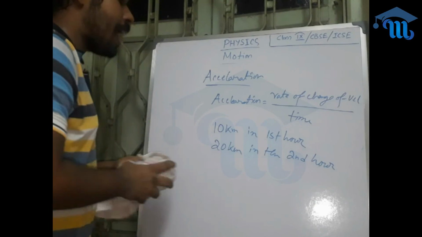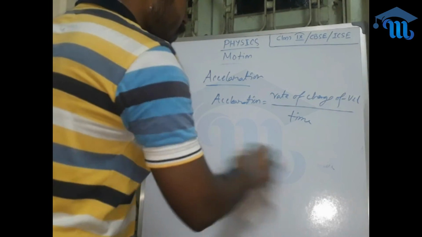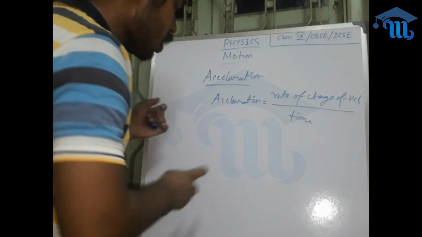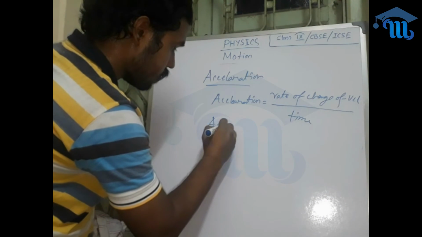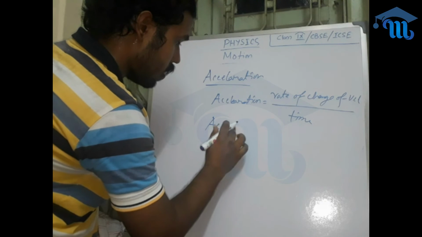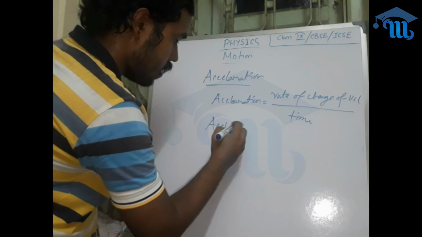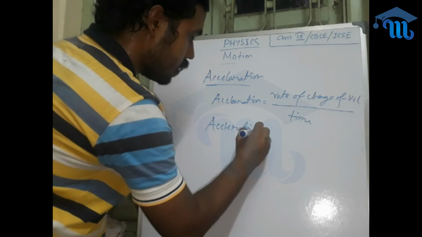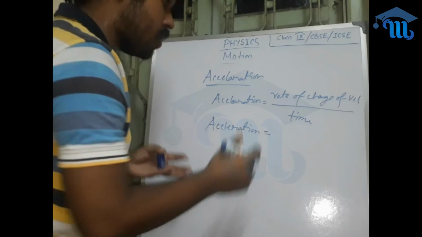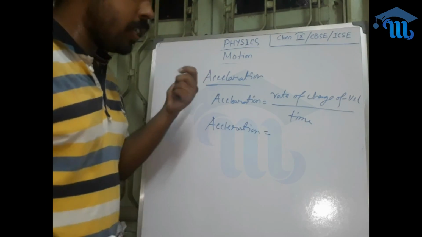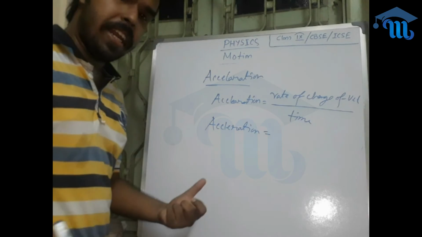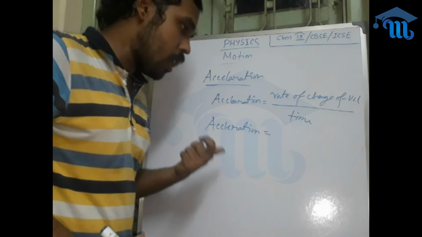Now what will be its acceleration? Its acceleration will be the rate of change of velocity. It was traveling at 10 kilometers an hour speed, then speeded up to reach 20 kilometers an hour speed.